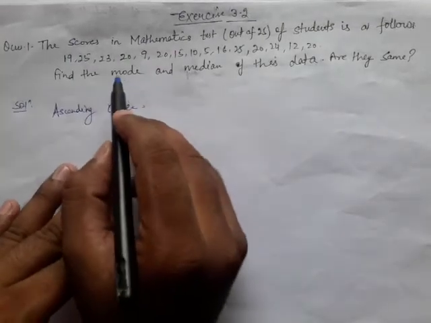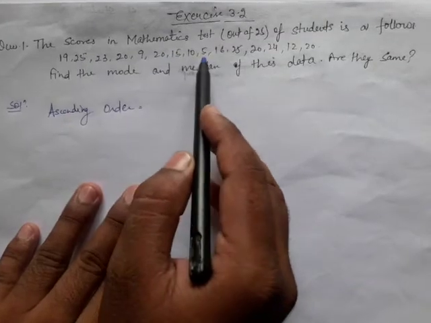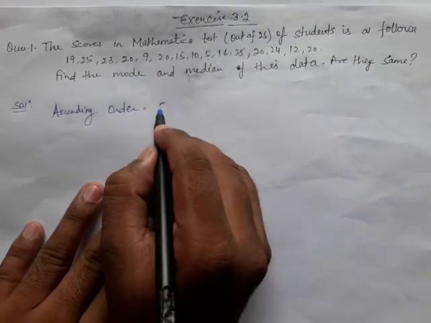So first of all you see which number is very small: 5.